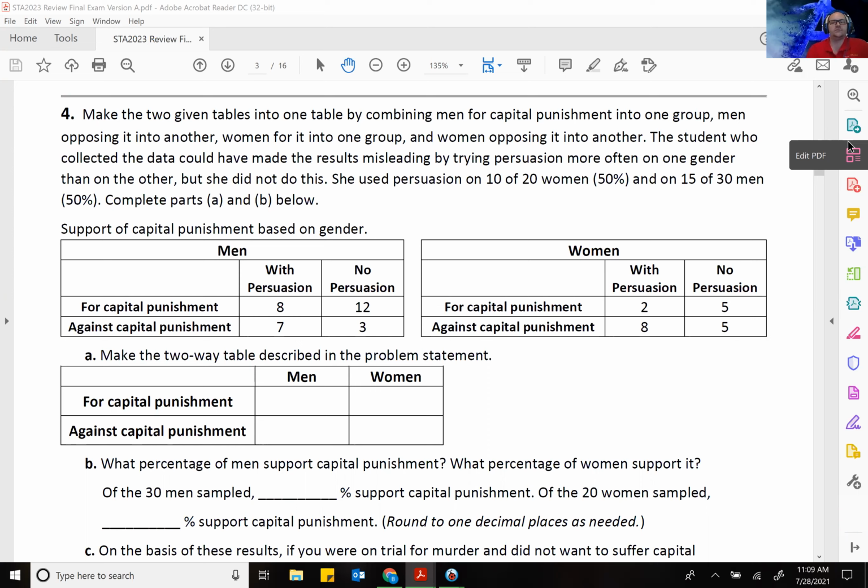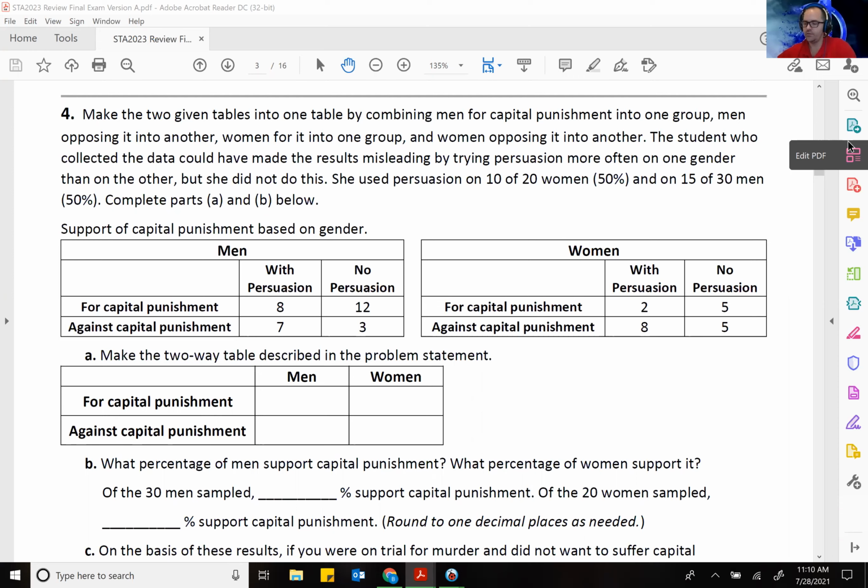The student who collected the data could have made the results misleading by trying persuasion more often on one gender than the other, but she did not do this. She used persuasion on 10 of the 20 women, which is 50%, and 15 of the 30 men. Okay. So the first thing we need to do is make a table.